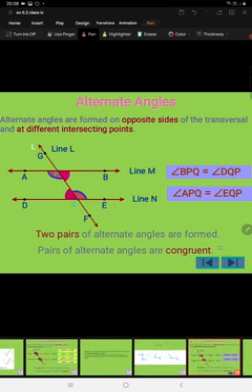Here, when I took the parallel lines to be vertical, then these are alternate interior angles. When line L and line M are parallel, then again these are alternate. This pink angle, angle BPQ, and angle DQP will both be equal when the lines are parallel, and APQ will be equal to EQP. Thus, the two pairs of alternate angles will be equal if the lines are parallel.